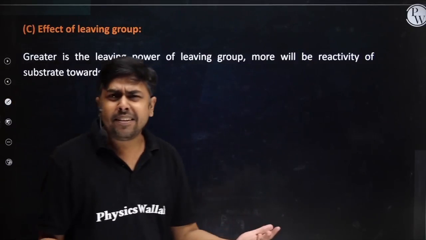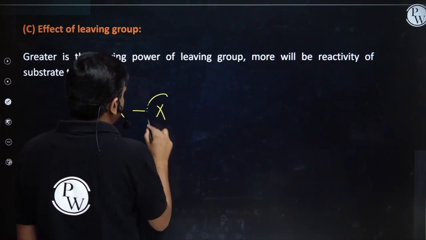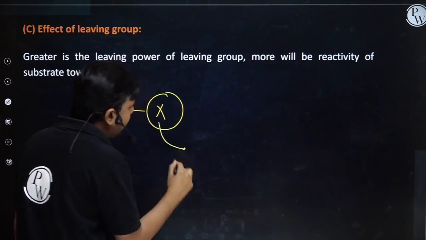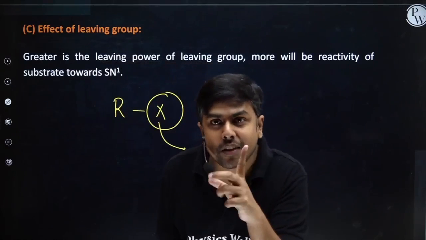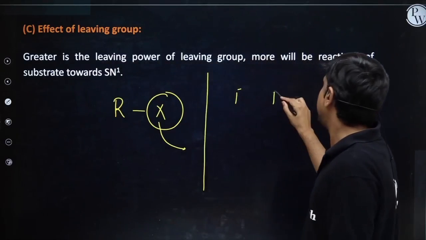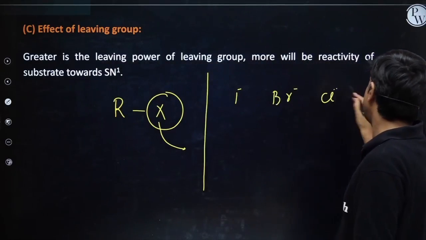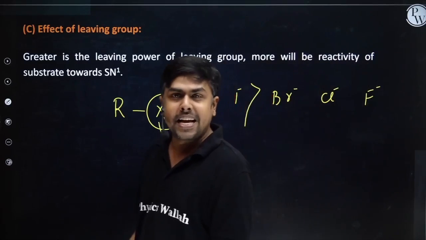Effect of leaving ability. The first step itself is the ionization. Better is the leaving ability of the halide ion, faster will be the rate of SN1 reaction. Among halide ions we have I minus, Br minus, Cl minus, F minus. I minus has the best leaving ability.